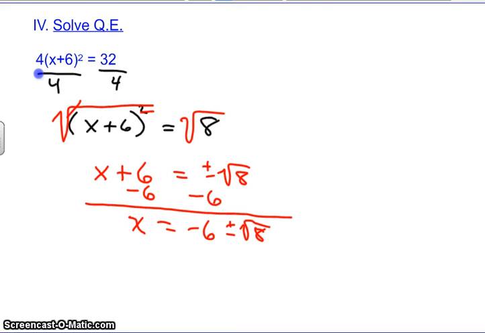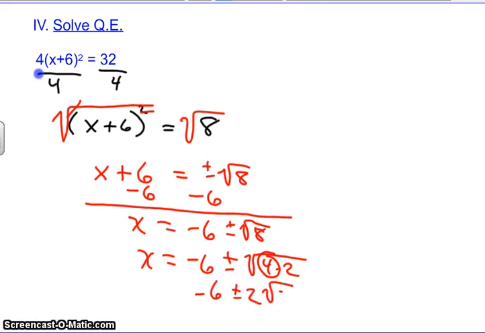Yeah, are there any perfect squares inside the radical? What is it we try to get out of there? Perfect squares, right? Are there any perfect squares in 8? Yes. So let me write this out. We would have square root of 4 times 2. So good, you're thinking take the square root of 4 out. So we have negative 6 plus or minus 2 times the square root of 2.